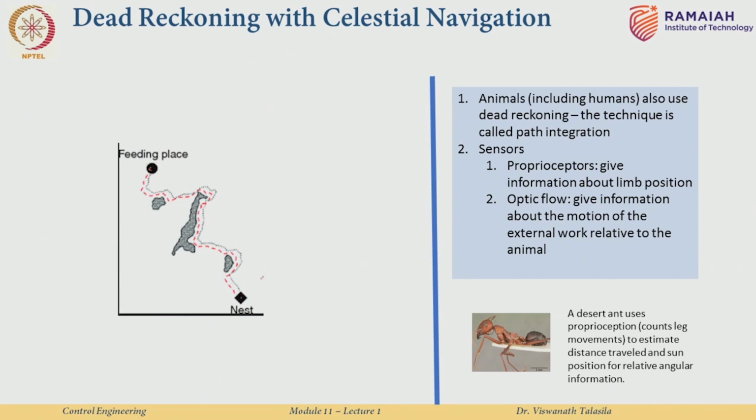Now, when you come back, you need to know exactly where you need to come back. If your position calculation is erroneous even by a few meters, the ant instead of going to its nest may land up over here, where there may be some predator which eats ants, I am not sure. So, it is not really advisable to use only celestial navigation.